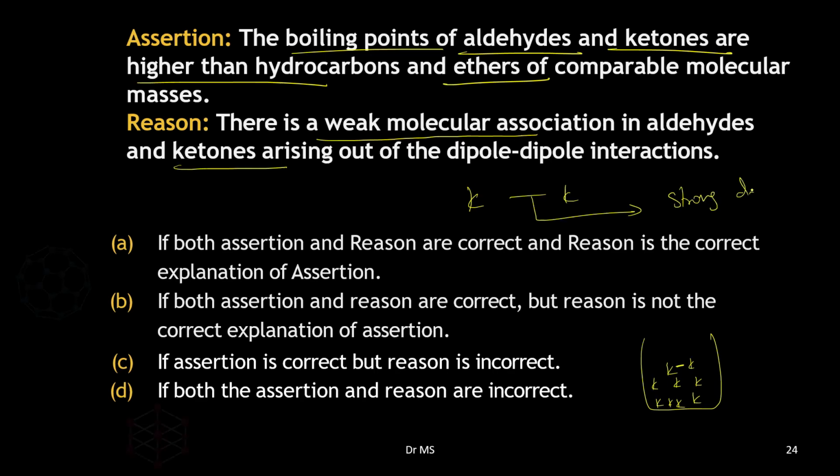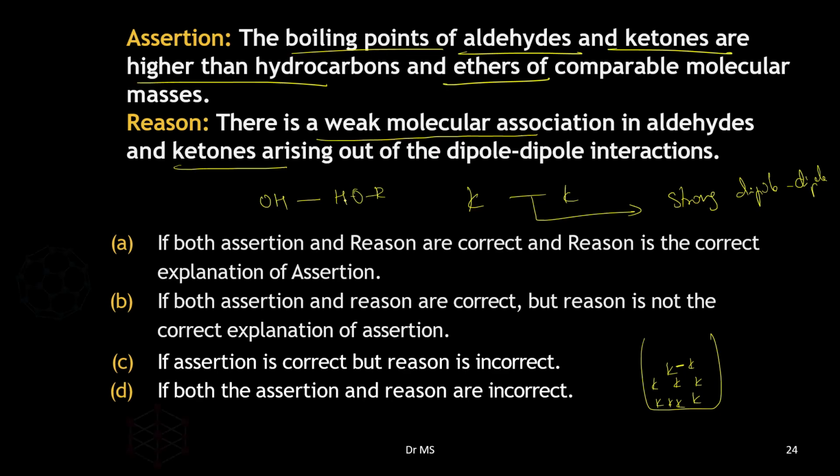If you are confused, maybe weak molecular association sounds like weak dipole-dipole, but I said strong dipole-dipole. Yes, of course, it's a strong dipole-dipole, but that association is weak. But if you see alcohols, due to the OH, they will form a strong association with other OH. Understood?